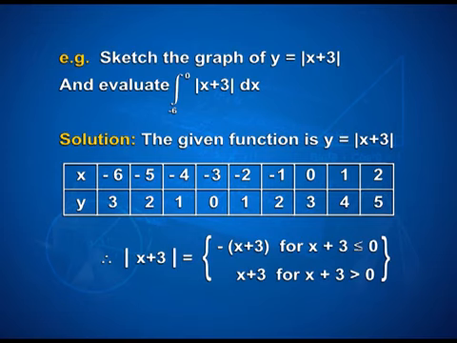Since modulus of x plus 3 is equal to minus of x plus 3 for x plus 3 is less than or equal to 0 and x plus 3 for x plus 3 greater than 0.